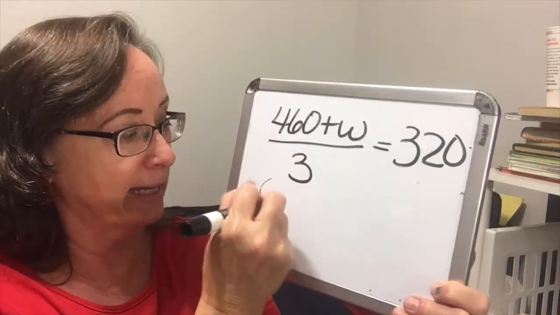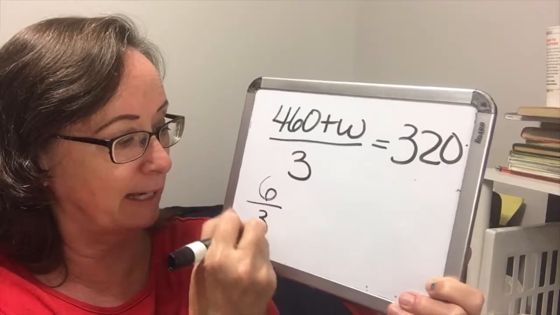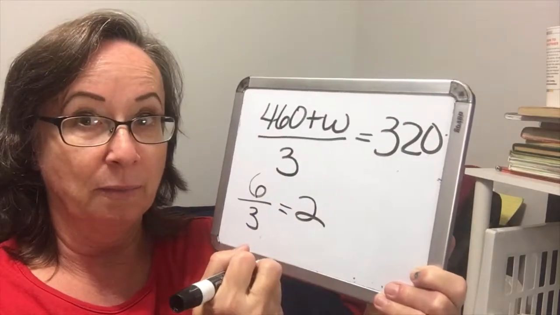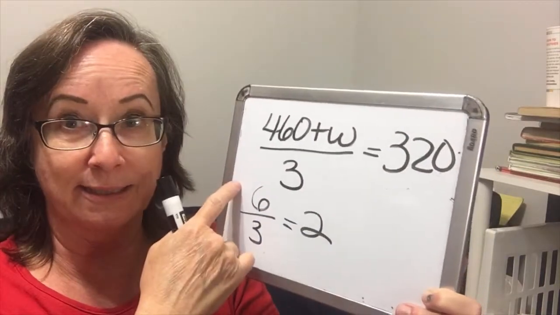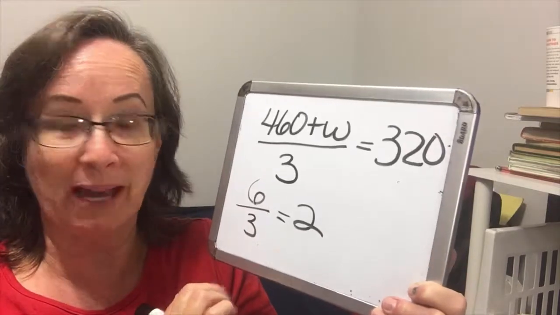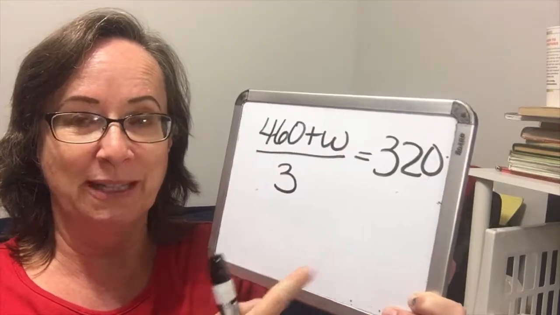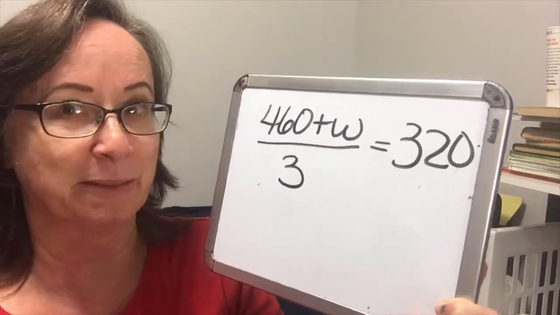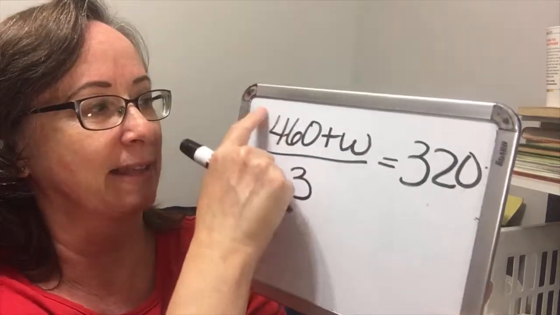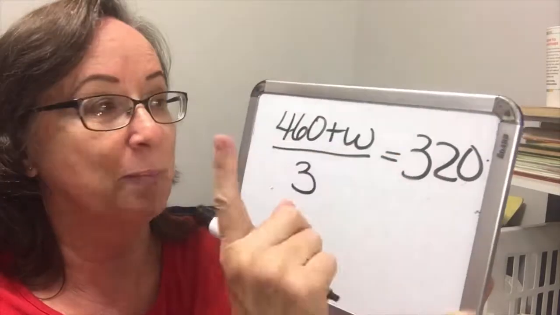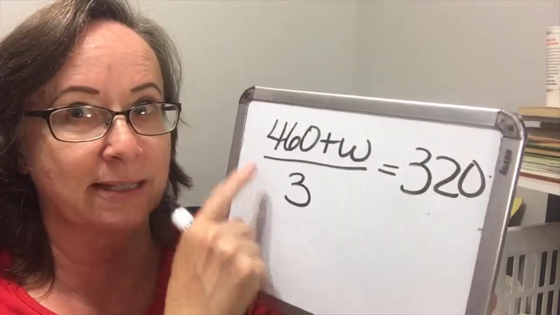Remember, 6 divided by 3 is 2, because 2 times 3 is 6. So we can always go backwards, all right? So let's turn our division problem back around into a multiplication problem. So we're going to say this divided by this is this, because this times this gives us this.